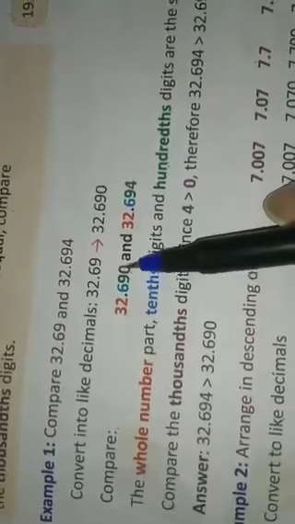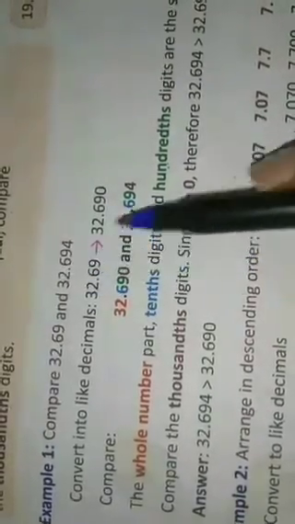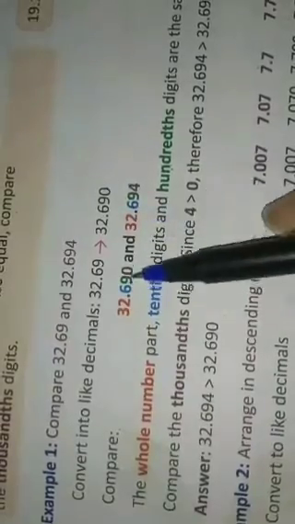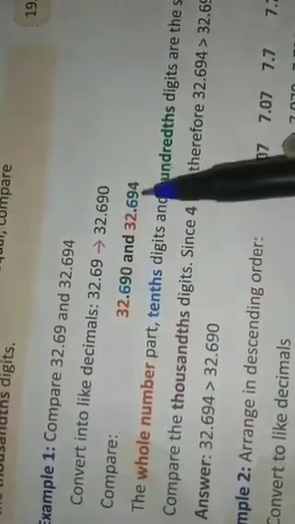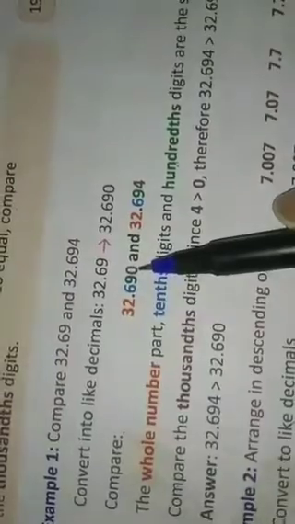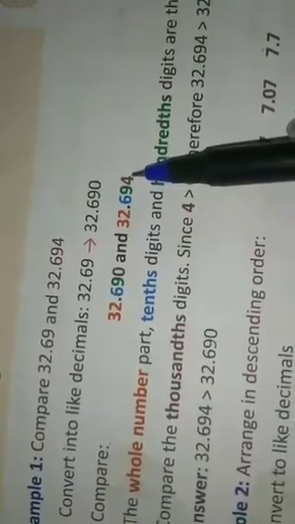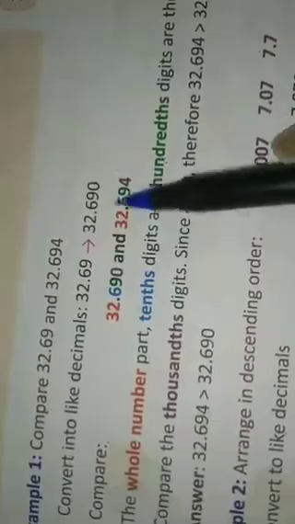So you can compare 32.690 with 32.694. So 32 is equal, 6 is equal, 9 is also equal, while the last digit is not equal. In the first number the thousandths digit is 0, and in the second number the thousandths digit is 4. So which is greater? You know that 32.694 is greater.